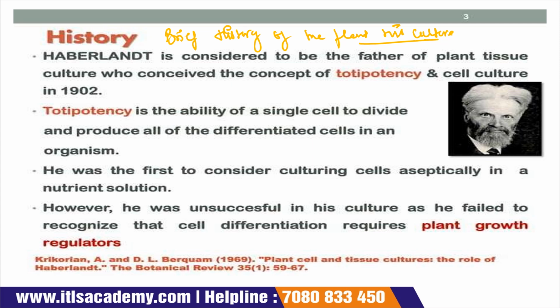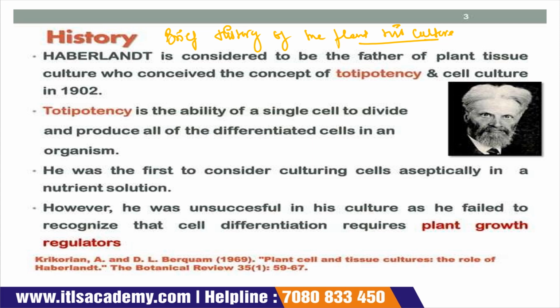So we call Haberlandt the father of plant tissue culture, and he conceived the concept of totipotency and cell culture in 1902.